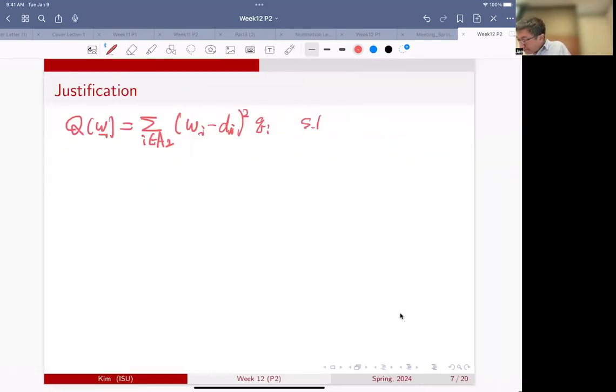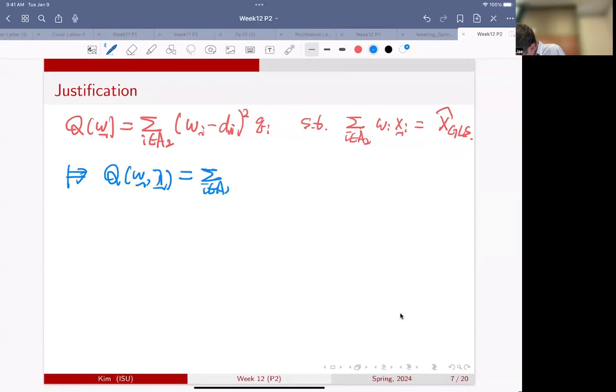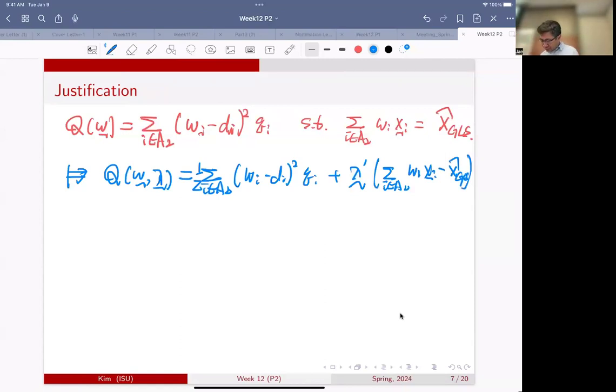Lagrange multiplier, right? So that will be two. Okay, so that's the first one.